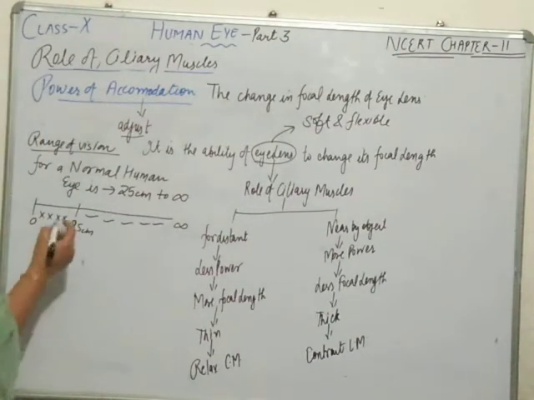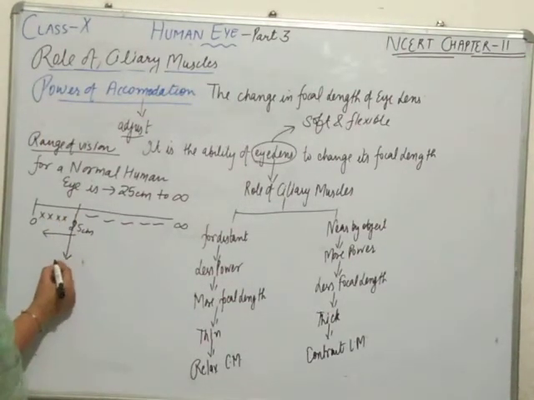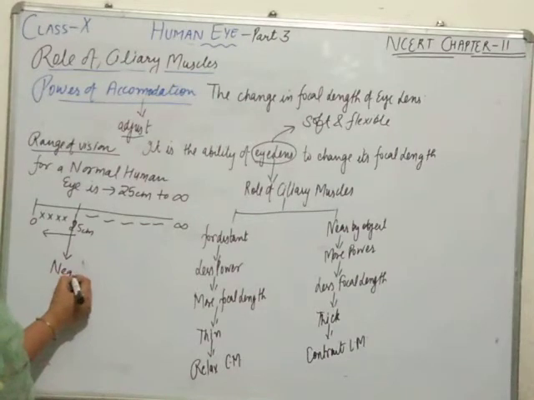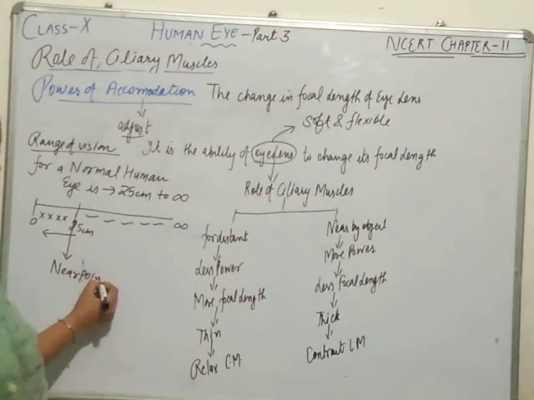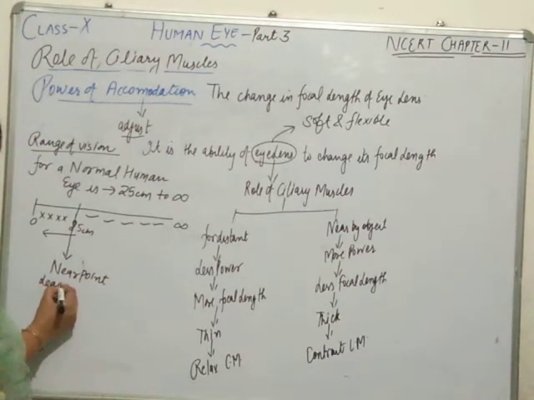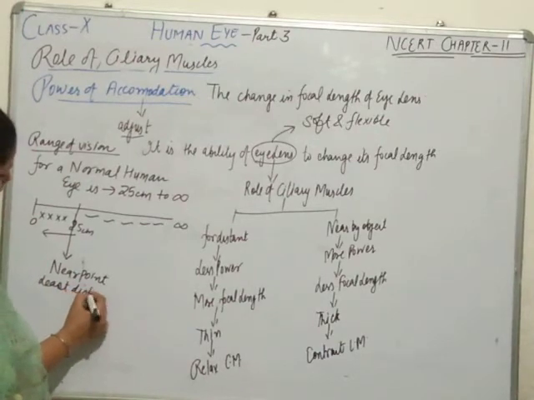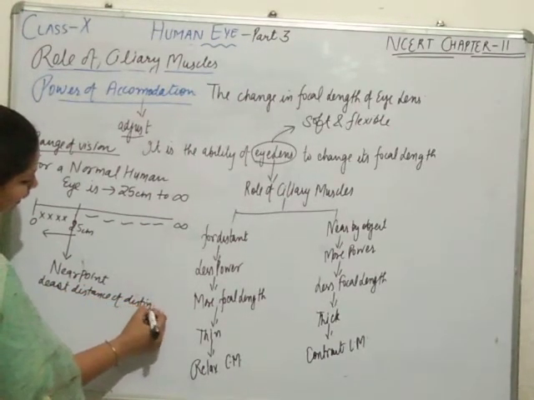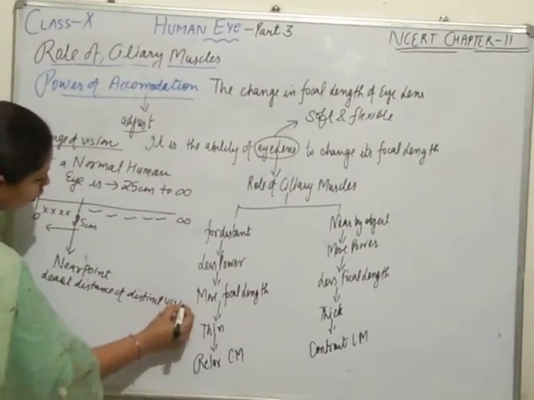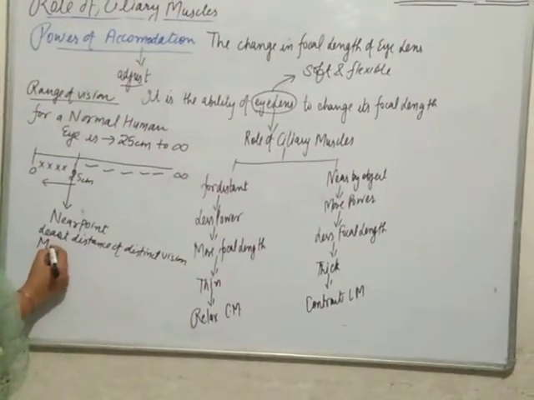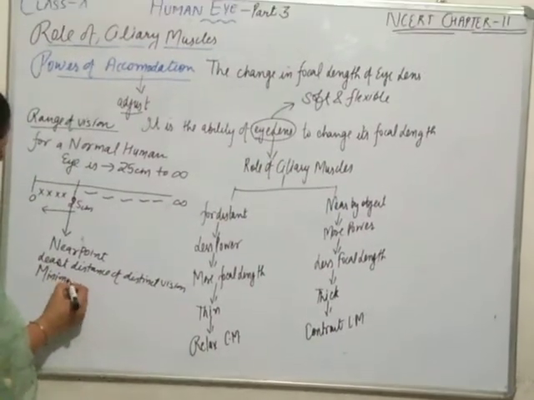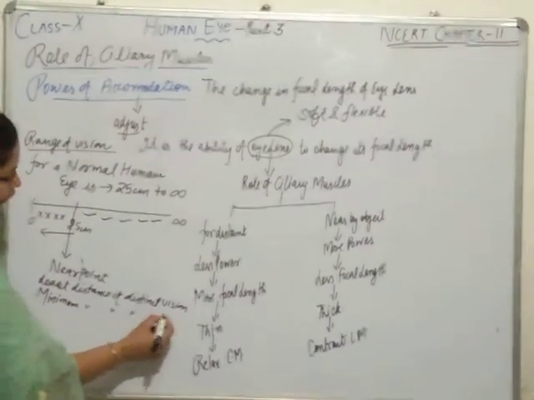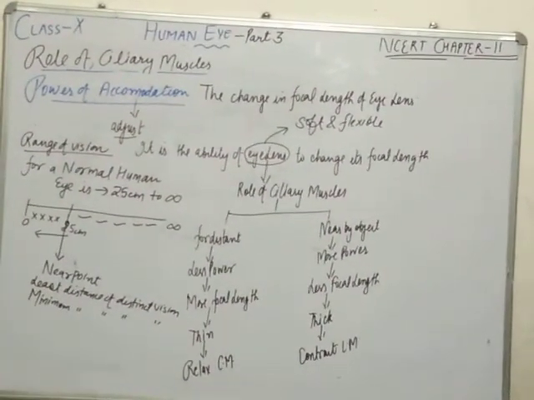So the point, that is the minimum point, that is known as near point or least distance of distinct vision. Least distance of distinct vision or minimum distance of distinct vision. Name signify its meaning, that it is near point.